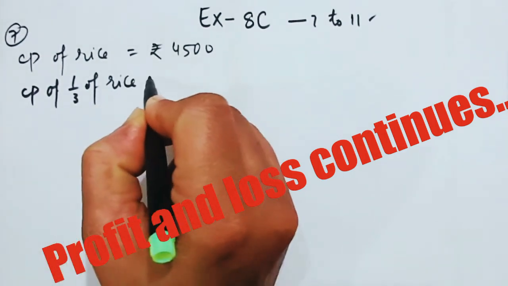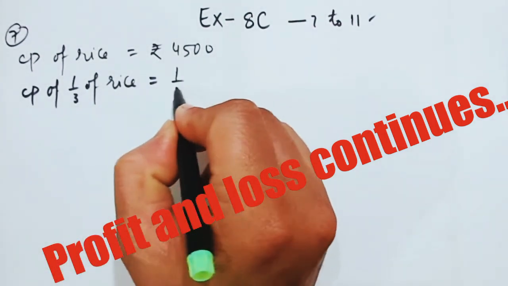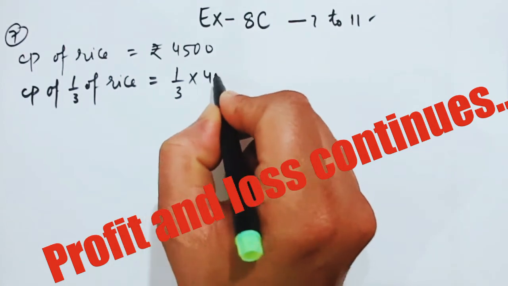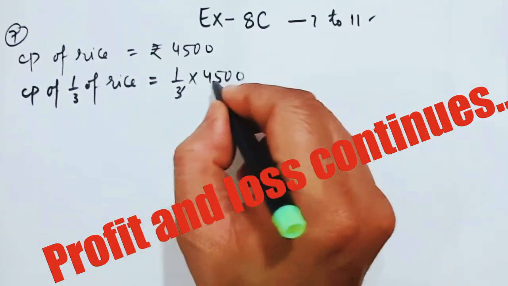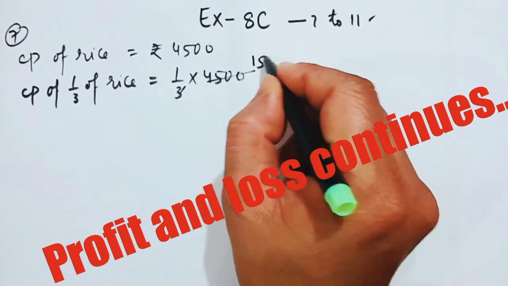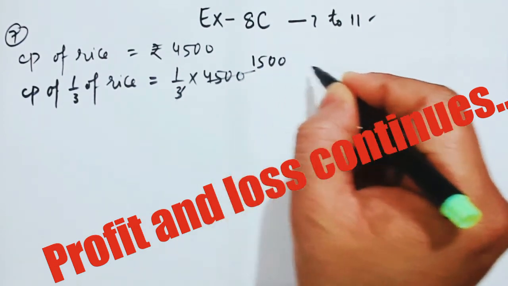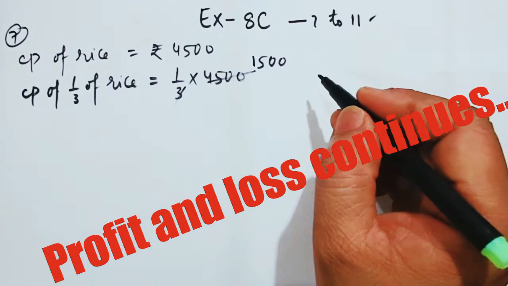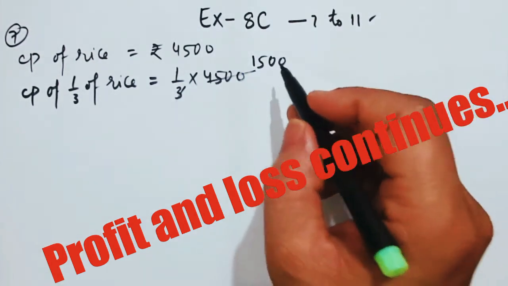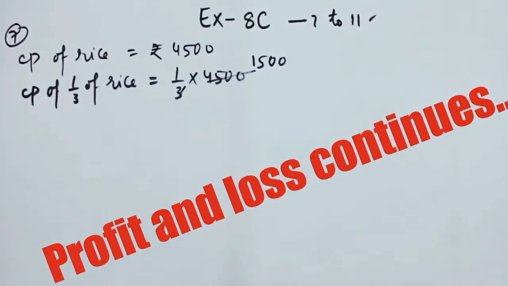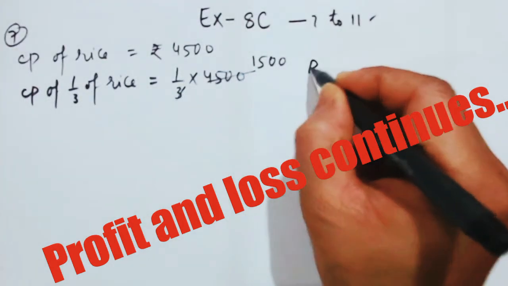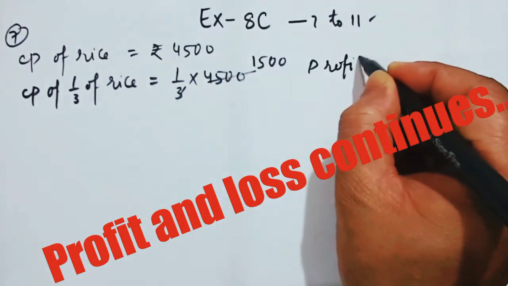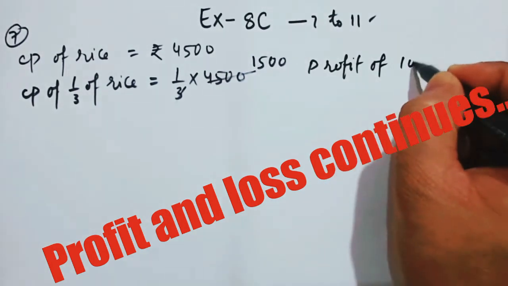So 1/3 rice, my dear, it will be 1/3 into 4500. On cancellation, what are you going to get? 1500. So the cost price of 1/3 rice is rupees 1500, and he earns a profit of 10%.